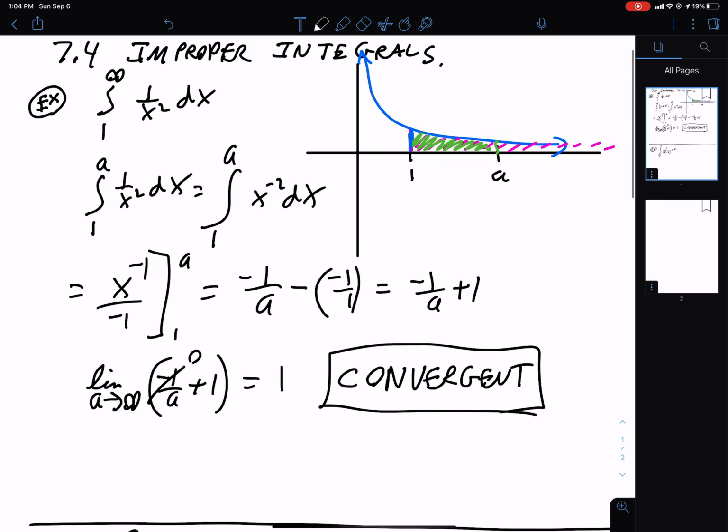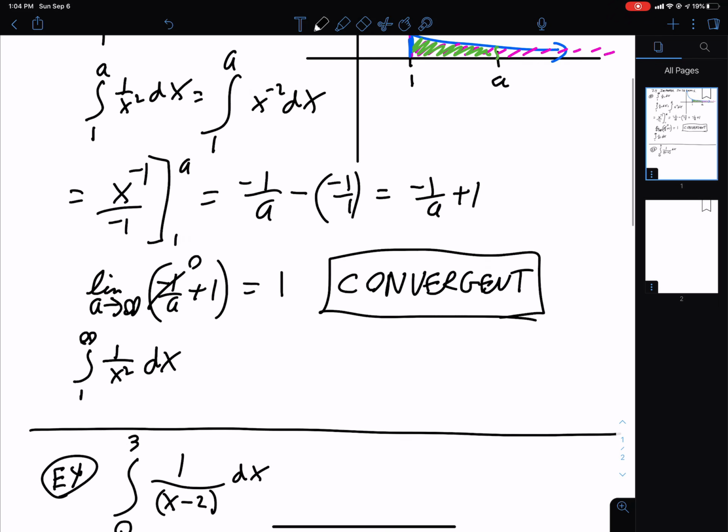So in summary, here's what's going on. If you have an integral from 1 to infinity, or your infinity could be on the bottom, then you rewrite it. Instead of going to infinity, you stop at A, and you take the limit as A goes to infinity. And all the work we just did is what we did above, and we saw it came out to be 1.